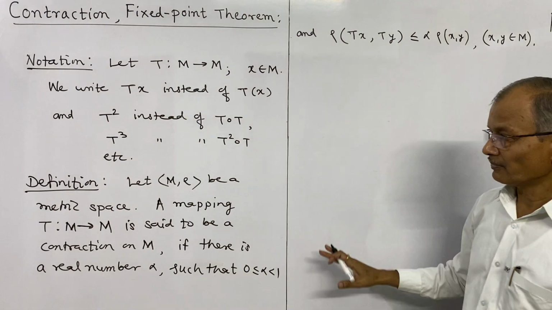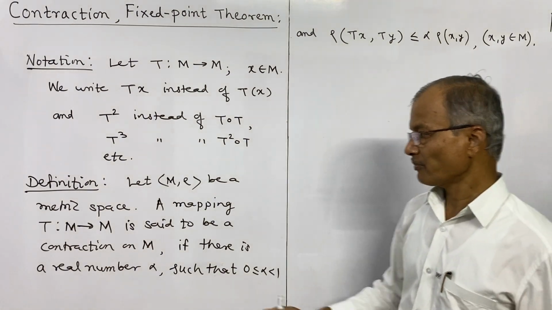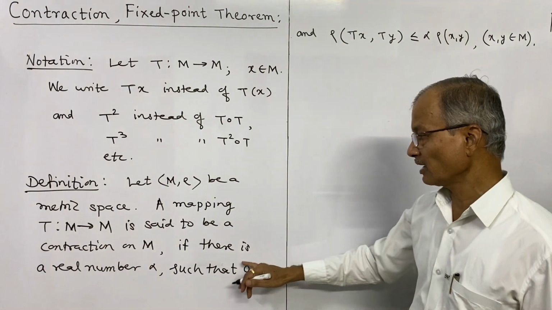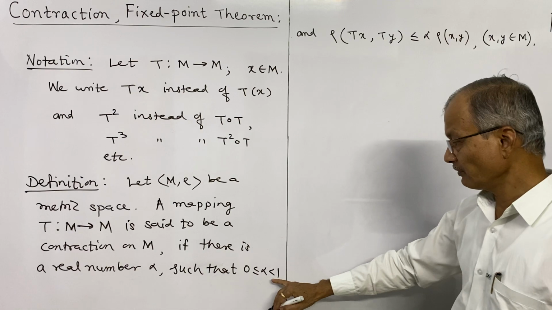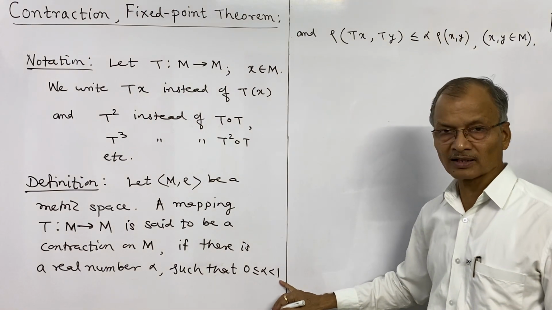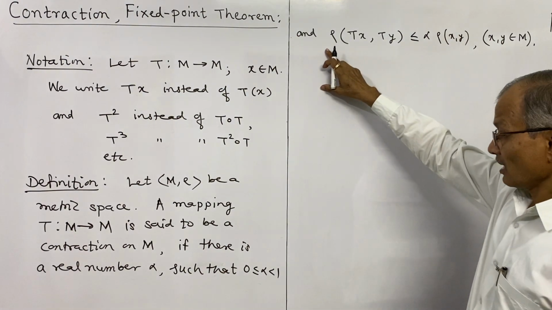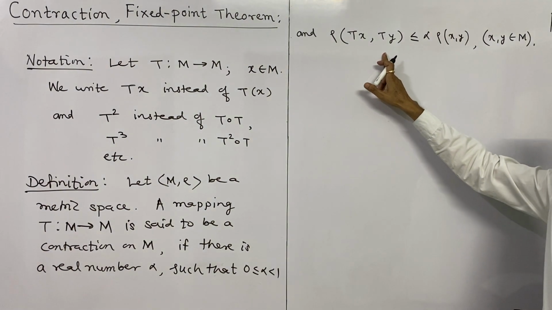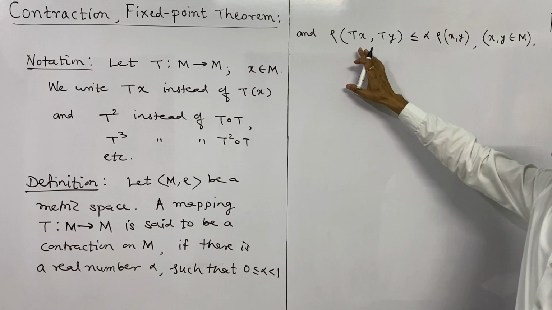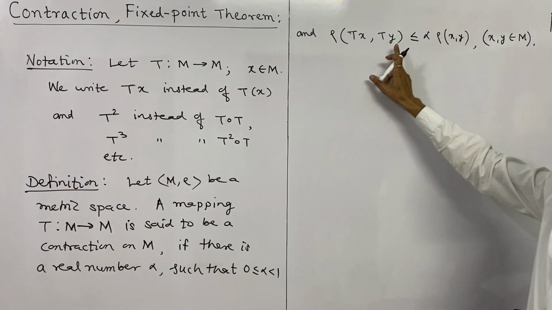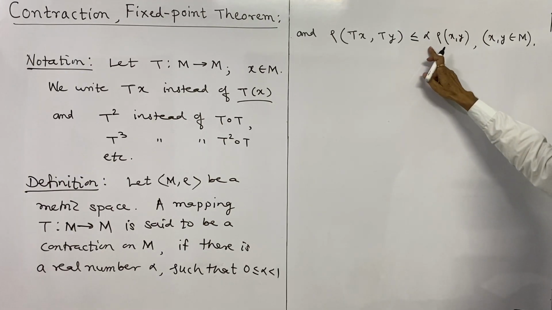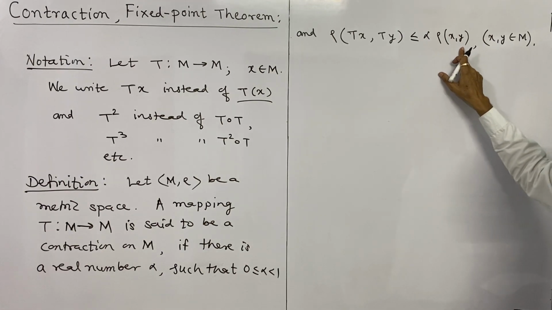So this is the definition of contraction. A mapping from metric space M to itself is a contraction if there is a real number alpha between 0 and 1 but strictly less than 1, and rho of Tx and Ty, that means the distance between Tx and Ty, is less than or equal to alpha times rho of x and y.